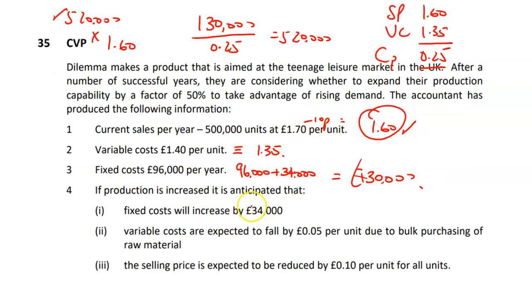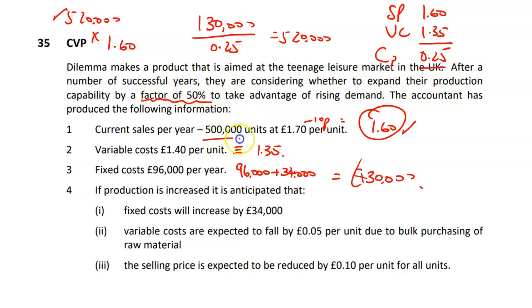Here we are. What I'm interested in very quickly is finding the new current sale. For me, this seems the best option here, really. I wish they could have given me a different way of saying it. Your exam will be clearer. It says here they expand their production capability by a factor of 50.